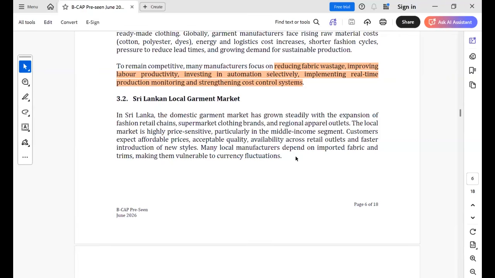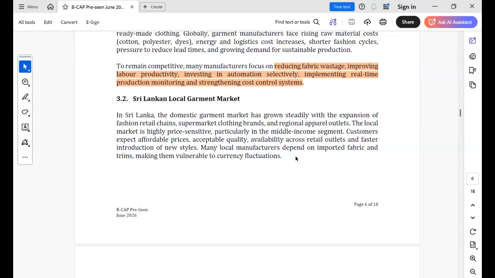When you read about the Sri Lankan local garment market, a special wording should come to your mind: new styles. Who decides that in the garment industry? There is a very key person and department, the designing section.